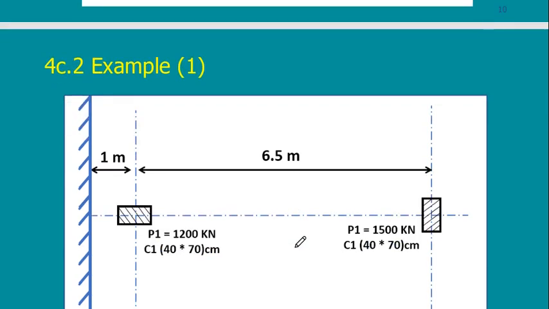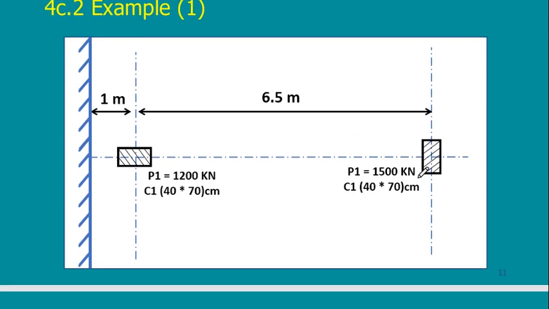Now, as we've done before in all examples, the introduction is just what we need to discuss, but later what we need is just to go to an example with numbers. So I have two columns. One P1 is 1,500 kilonewton. The other is 1,200 kilonewton.